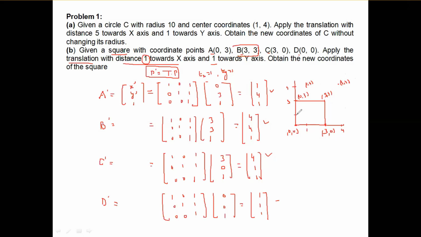Let's say this is 1, so 4 1 is this, and 1 1 is this. So this point joins with this.